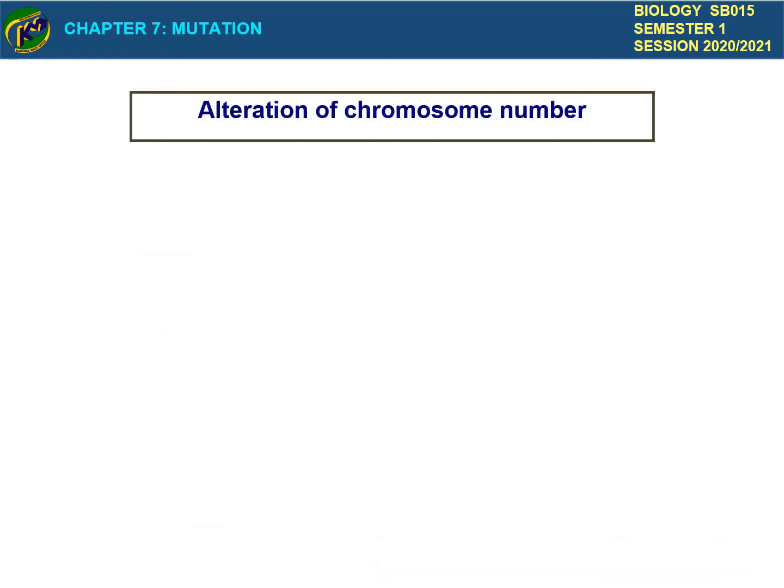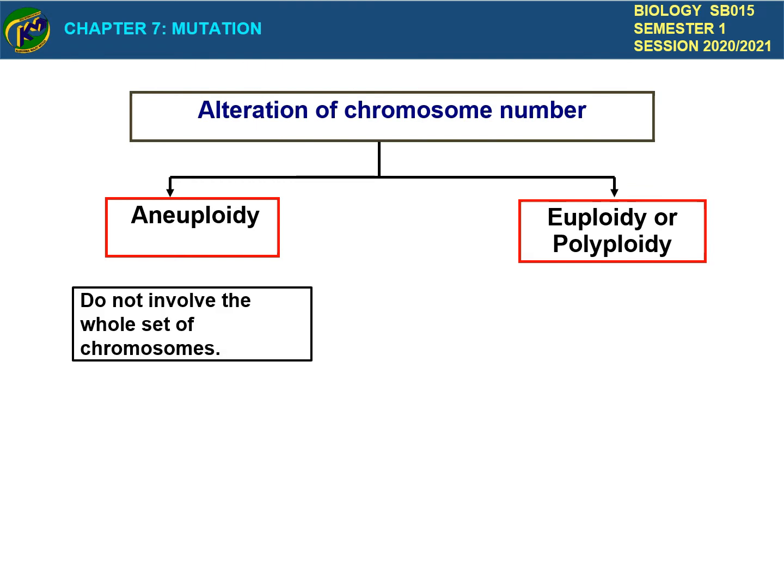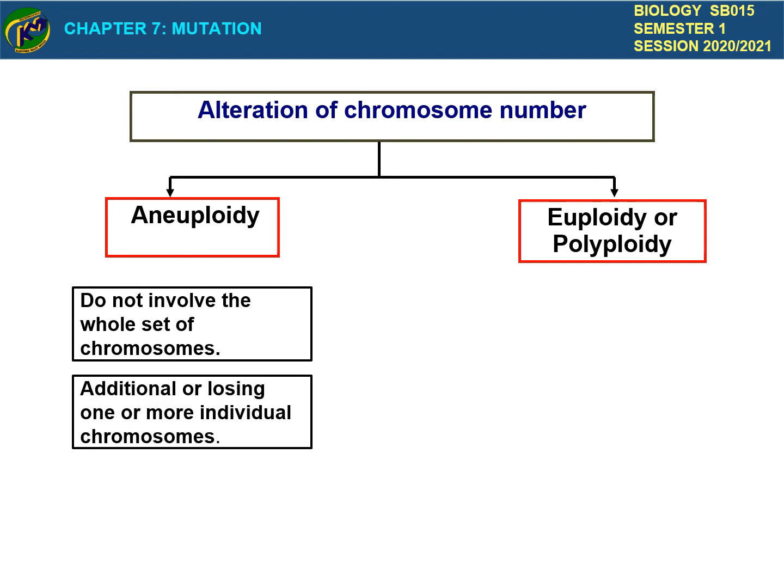Now we look at the type of alteration of chromosome number. There are two types. The first type is aneuploidy, and the second type is euploidy, or also known as polyploidy. Aneuploidy does not involve the whole set of chromosomes. It occurs due to additional or losing one or more individual chromosome.